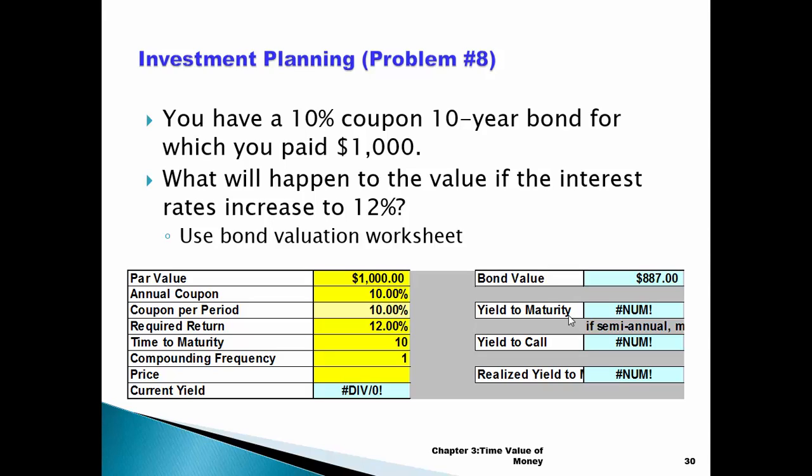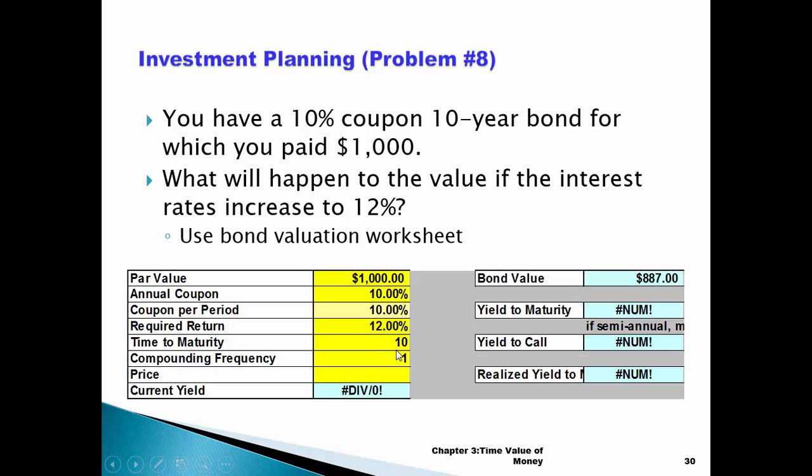You have a 10% coupon, 10-year bond that you paid $1,000 for. What's going to happen to the value if the interest rates in the economy change to 12%? Well, in this case, we can actually use the bond valuation worksheet. You have $1,000, 10% is the coupon. The required return, we just said, changes to 12%.